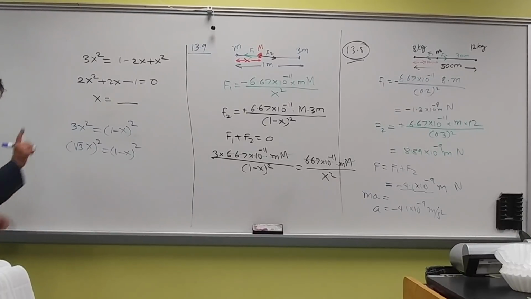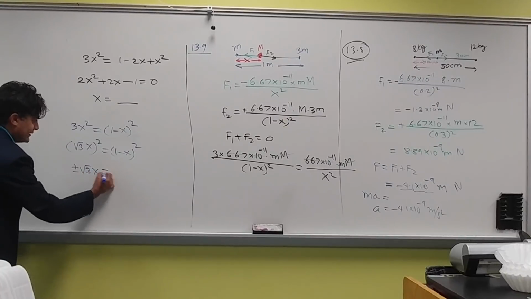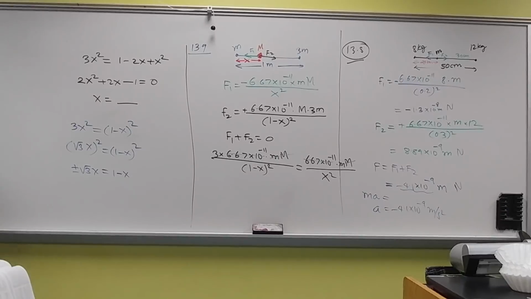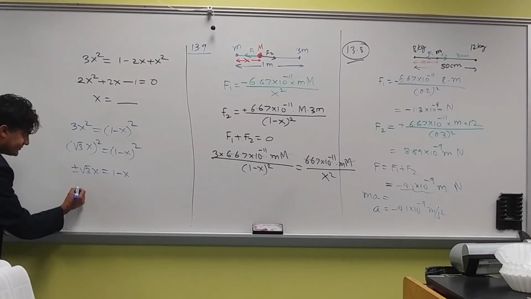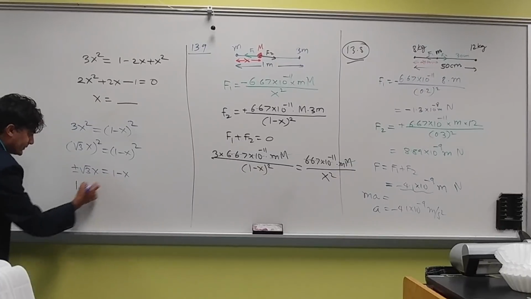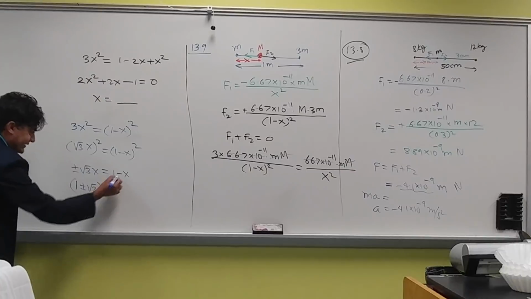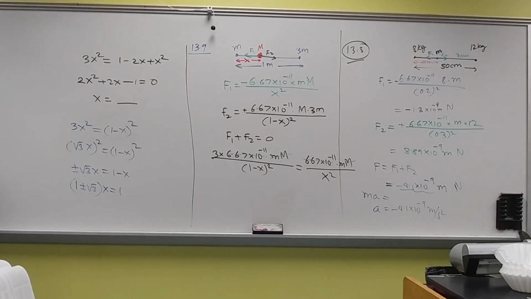So what I write here is plus minus square root of 3 x equals 1 minus x. What it means here is, if I pull this on the left, it will be 1 plus minus square root of 3, times x, I take the factor out, equals 1. So far okay?